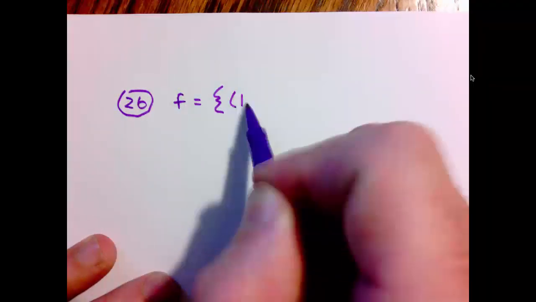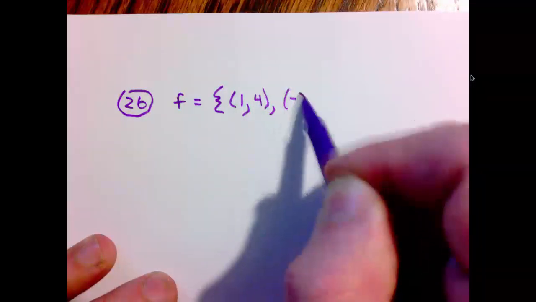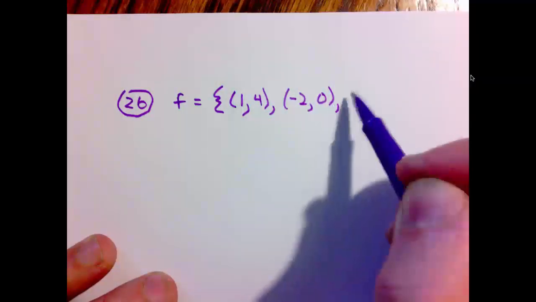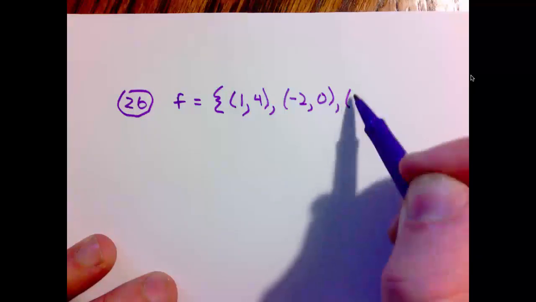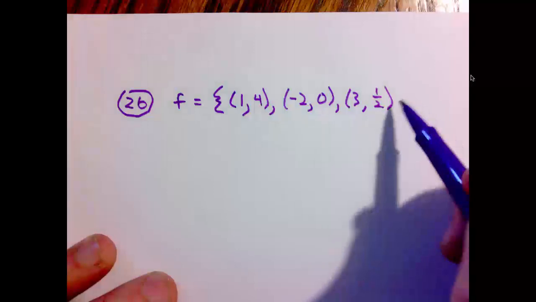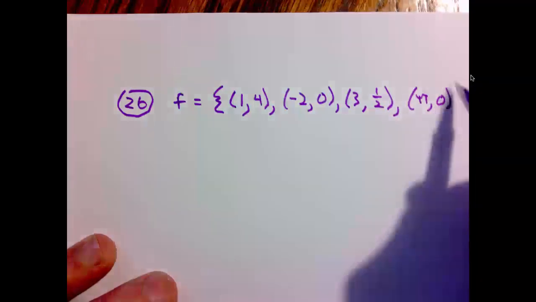In 26, they give us two mappings. They say that function f is 1 pairs with 4, negative 2 pairs with 0, 3 pairs with a half, and pi pairs with 0.